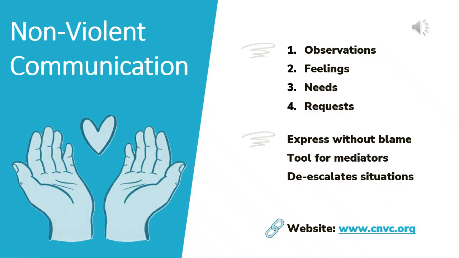Describe what you see or hear factually. Feelings. Express your emotions without blame. Needs. Identify the underlying needs or values driving your feelings. Requests, not demands. Ask clearly for what would meet your needs.